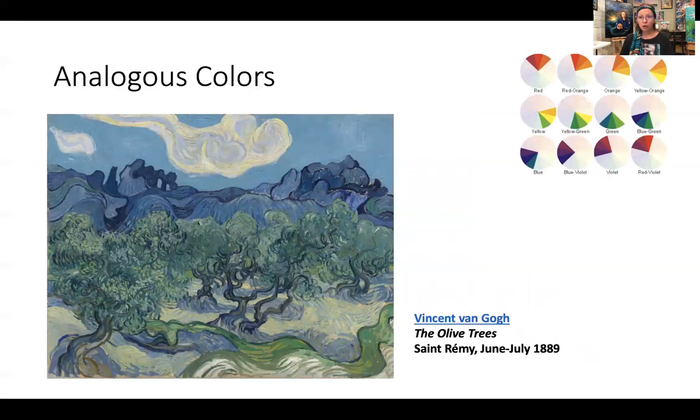Now, analogous colors, that's where you really get a calming feel because there's nothing to oppose. So here, this Van Gogh piece is on the cool colors. It doesn't go much beyond this blue-green combination.